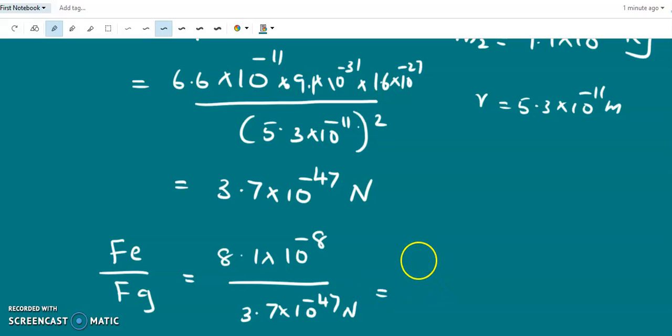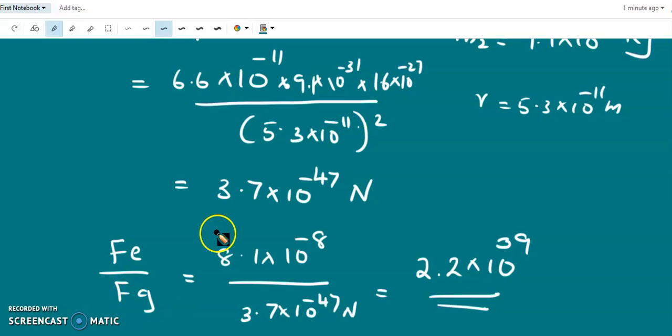It is some 2.2 into 10 to the power plus 39. So that means the electric force is 10 to the power 39 times greater than the gravitational force. So in the case of the hydrogen atom, the electric force is very high compared to the gravitational force. Now we can do the next problem.